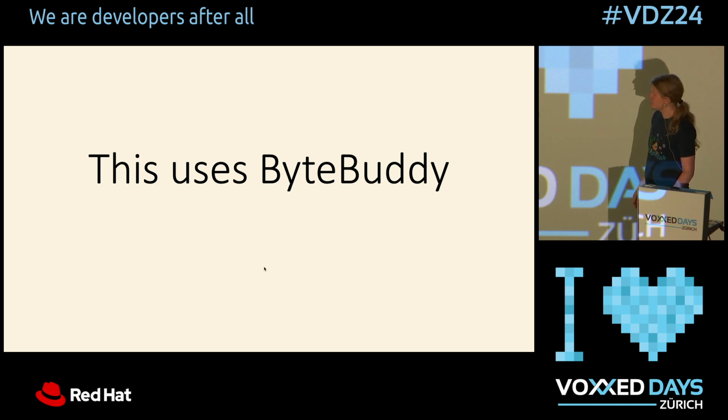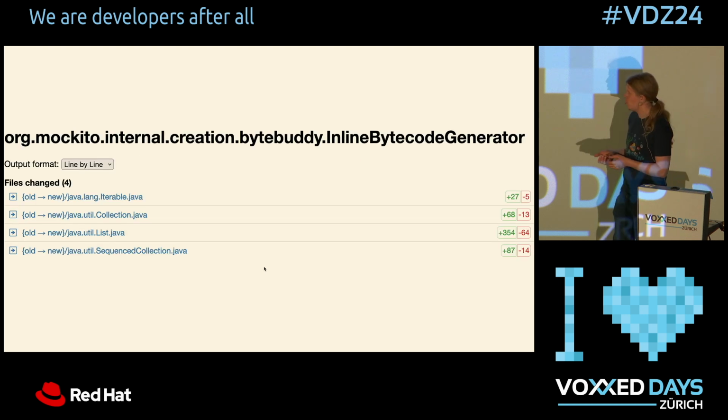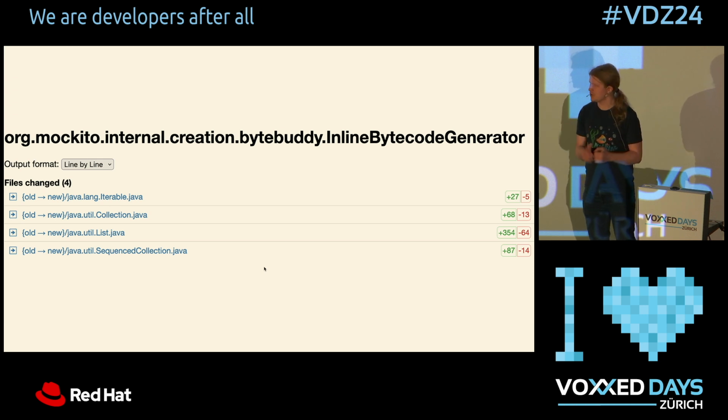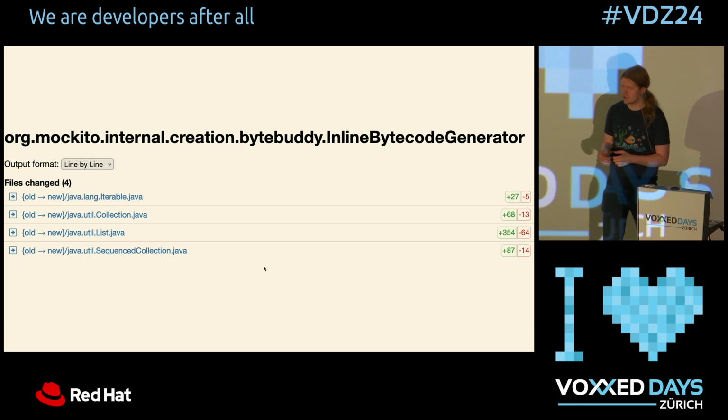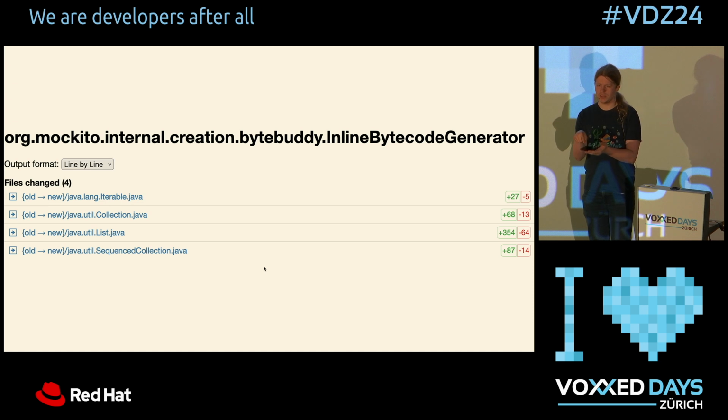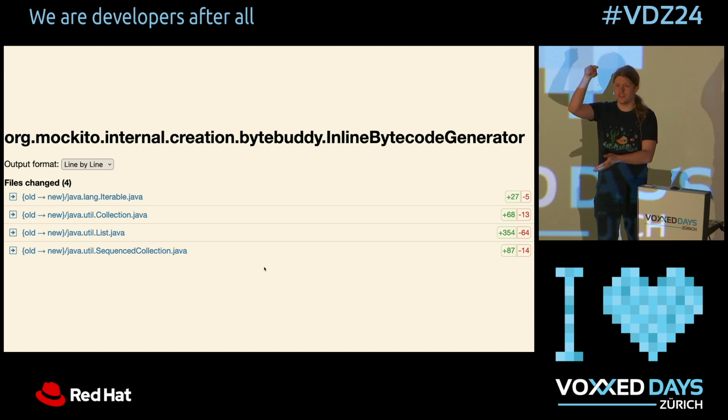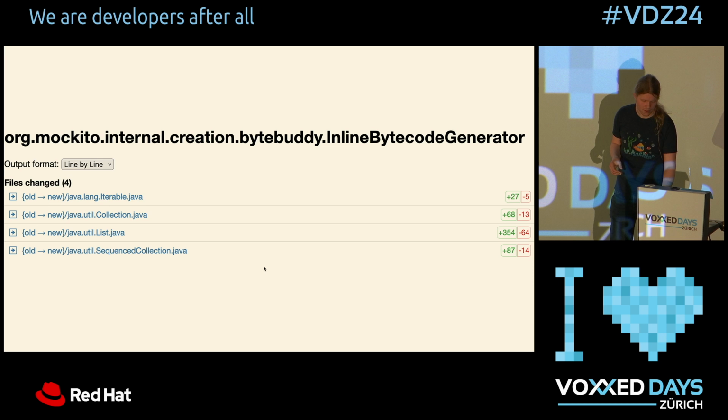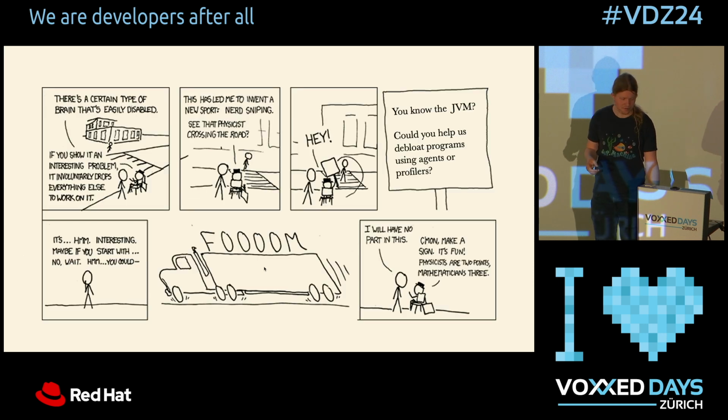So what does this do? With some magic tool, we can see that it instruments a few classes: the list interface and all interfaces up. All methods are instrumented there, for example, also the iterable method.